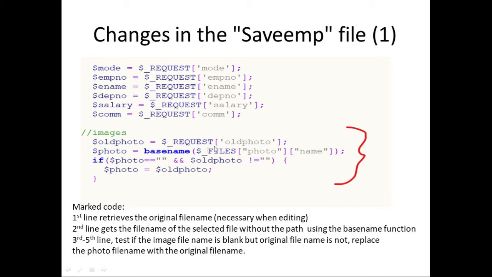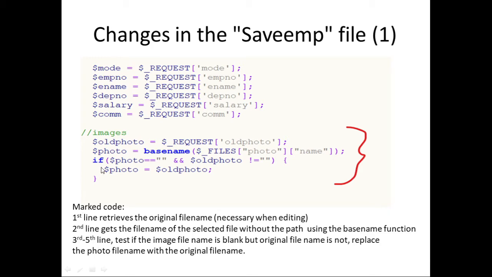The first one is to retrieve whatever is placed in the old photo, and this photo name is from the photo input. This is the file name of what we have selected. Base name, that's the second line, selected without the path. This base name function means that we're going to remove the path of the selected file.